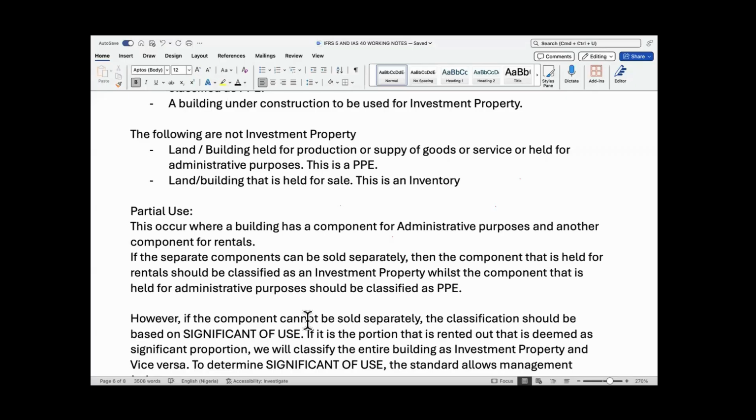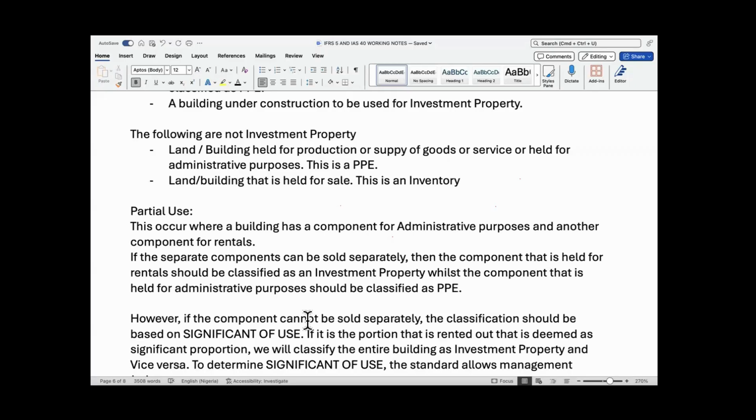If you want to determine whether you can sell, just look for a real estate person. Okay, if I want to sell this floor, how much will I sell it for? Put it on the market and see whether people will come and offer prices for it. So it's just about the ability to involve experts and know whether you can sell or not.